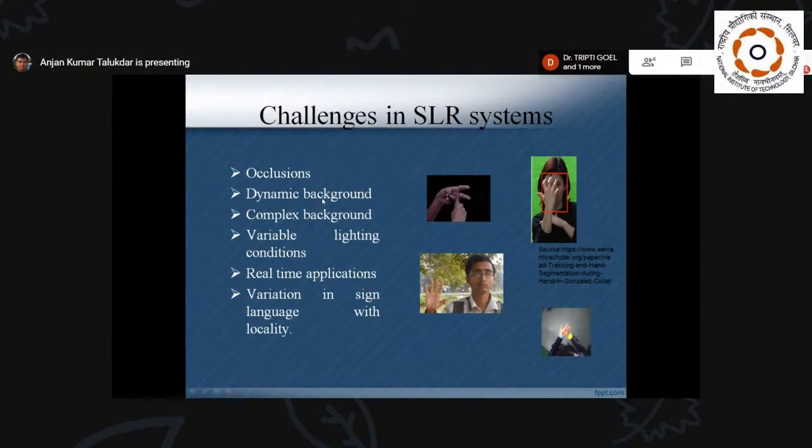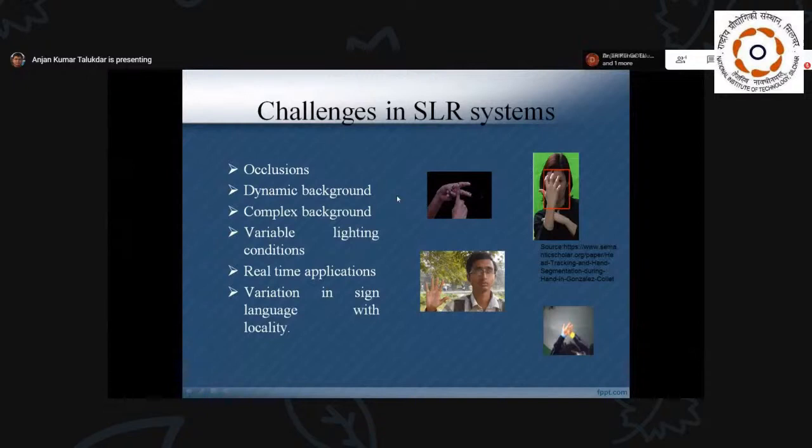Similarly, dynamic background. Dynamic background means your background is moving, not static. Suppose you are moving in a car or a train, so the background may be moving. Then complex background. A complex background means the background contains many things of various colors and shapes, so from this it is difficult to segment the hand or palm part.